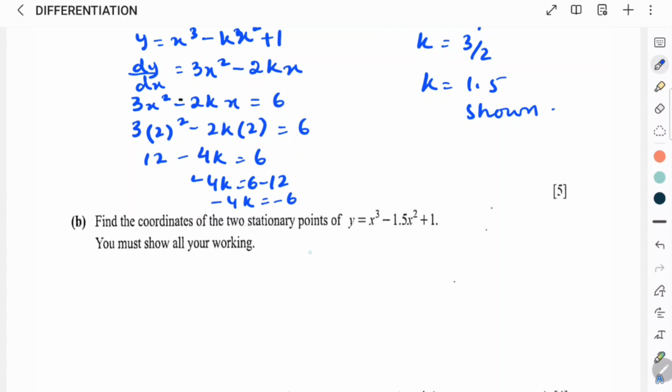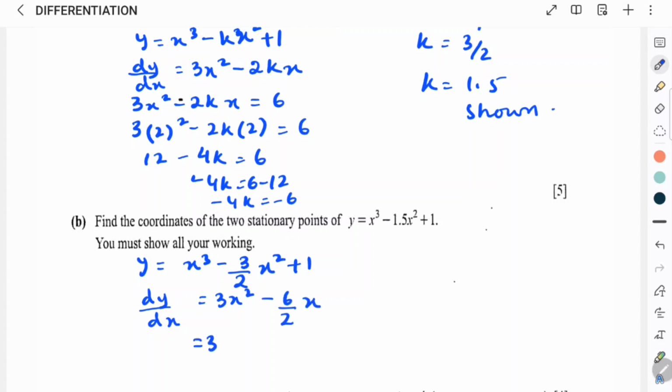So y is equals to x cube minus kx square. So you can write down x cube minus 3 upon 2, I'm just keeping 3 upon 2 for 1.5, x square plus 1 and dy upon dx is equals to 3x square minus 2 3 is 6 over 2x only.